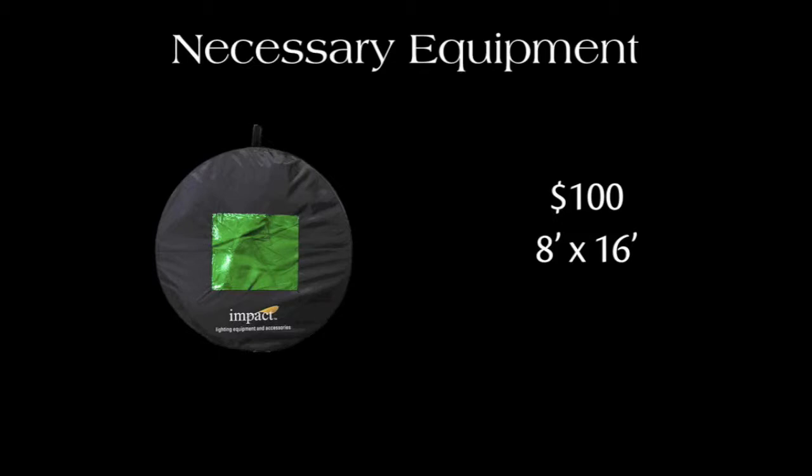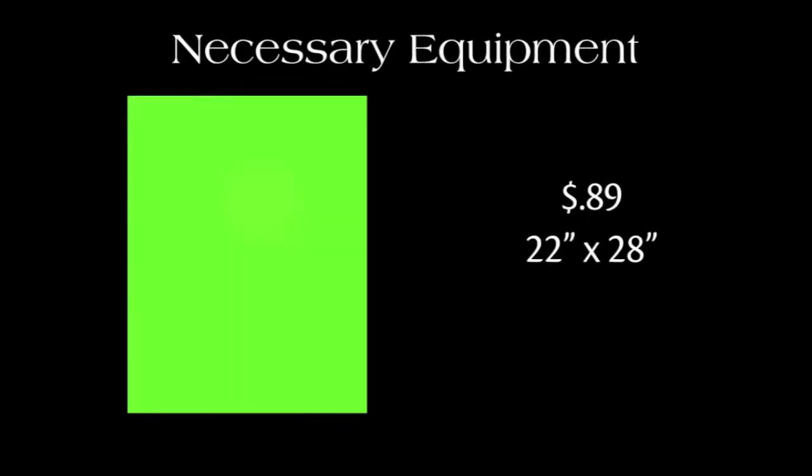The last type, the cheapest, most economical, is going to Michael's or your local craft shop and just getting green poster board. And you want to find as lime green, as neon green as possible. And it runs 89 cents, 99 cents for 22 by 28. Now, just one poster board is not going to be enough.